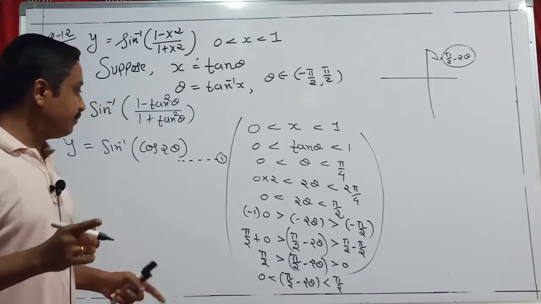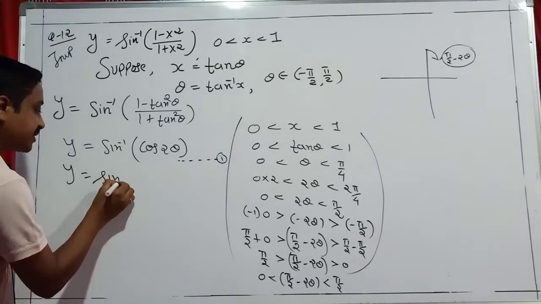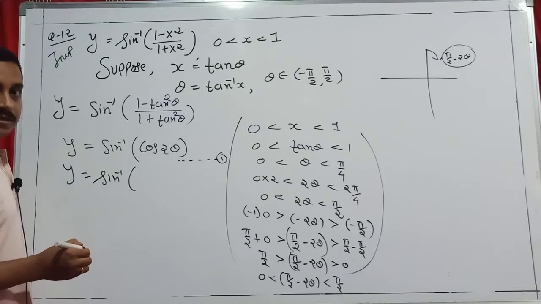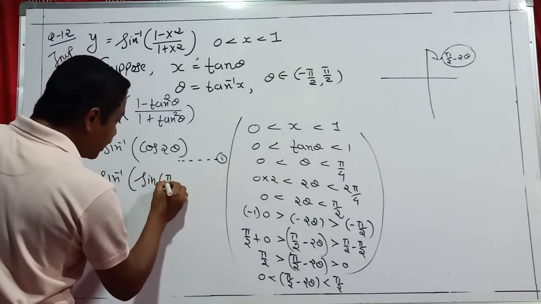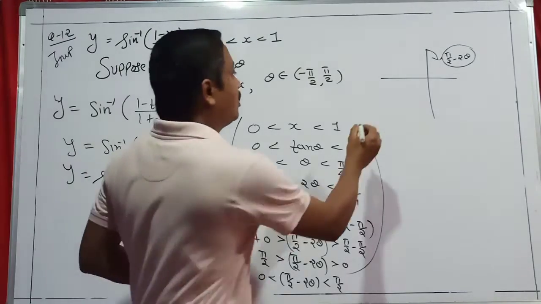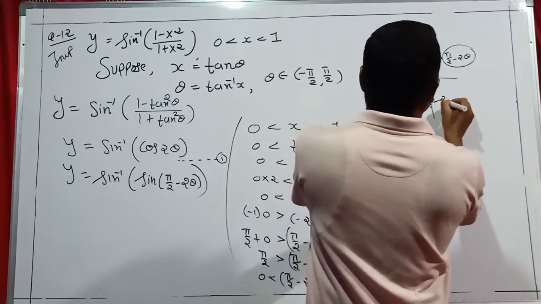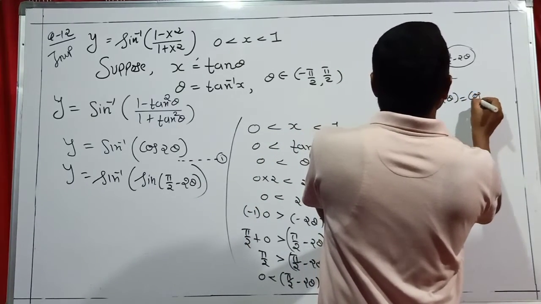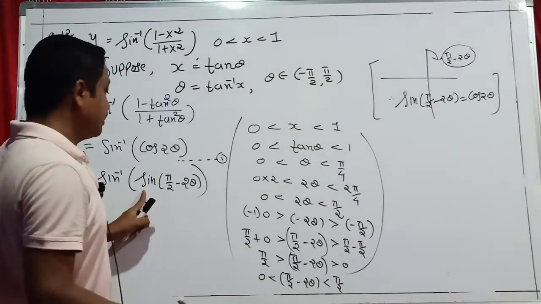And this first quadrant is replaced by only sin inverse. Here is the cos place. Can I write sin of 90 minus 2 theta? Yes, because sin of 90 minus 2 theta is cos 2 theta. So this is true for this value.